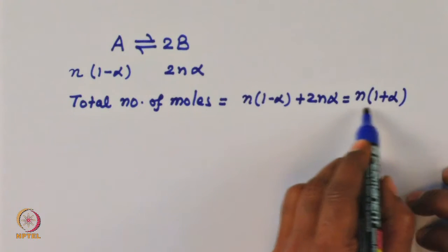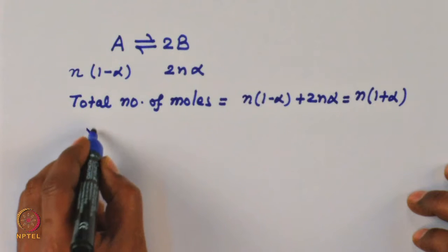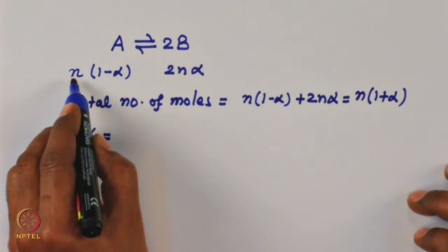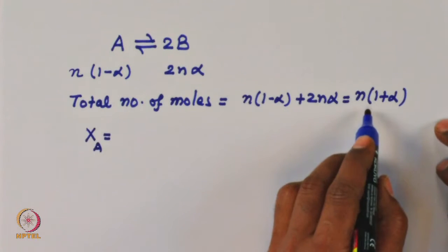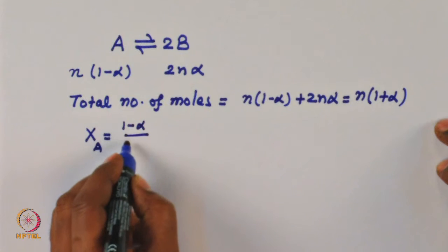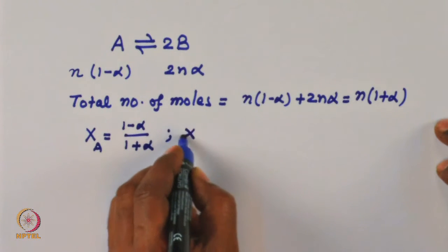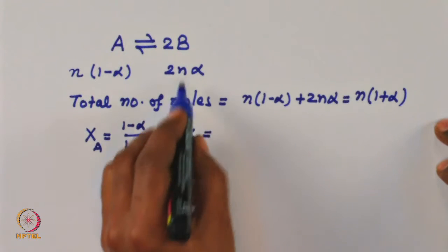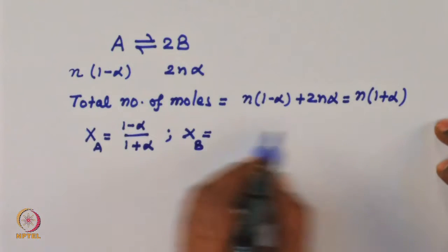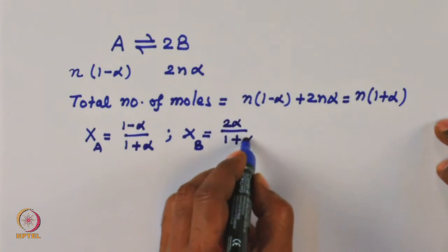So, the mole fraction of A will be this divided by the total number of moles, which is going to be 1 minus alpha over 1 plus alpha, and the mole fraction of B is going to be this divided by the total number of moles, which is going to be 2 alpha over 1 plus alpha.